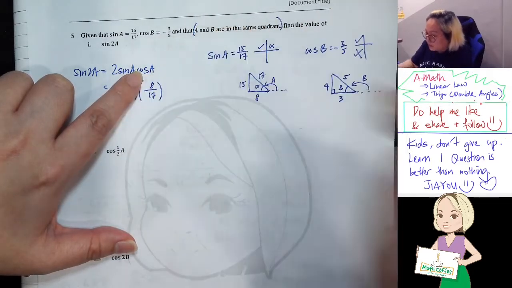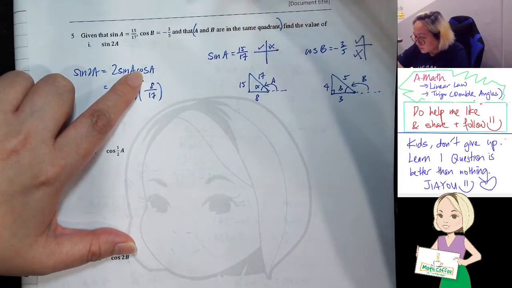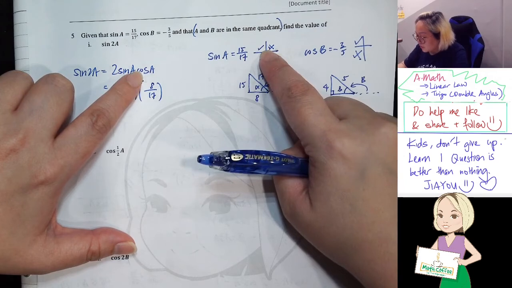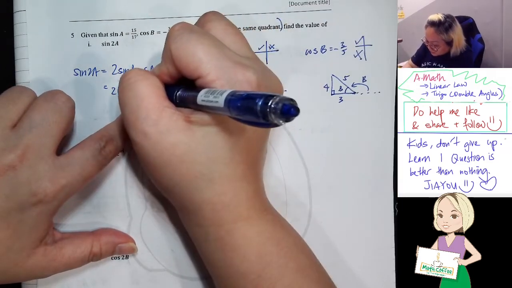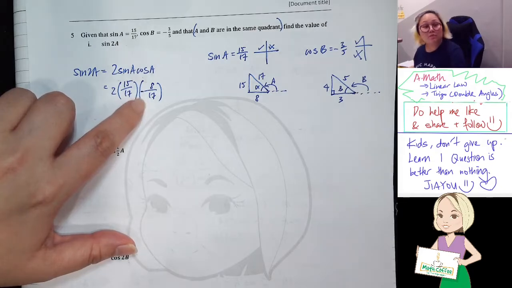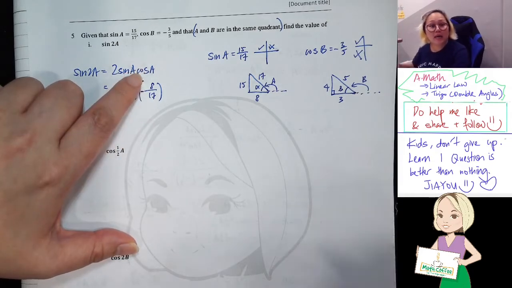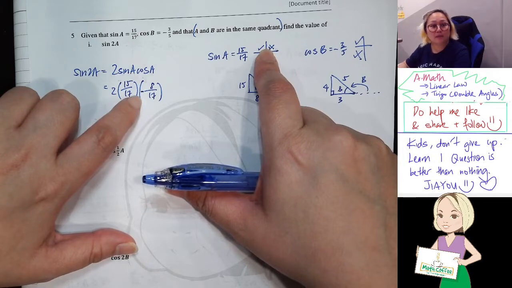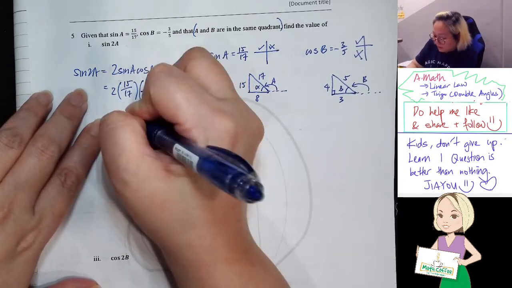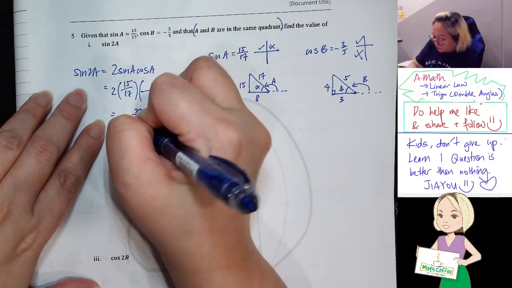But be careful, because it is the second quadrant and my cosine is negative. So this one must put minus, because your cosine A in the second quadrant is negative. Then press the calculator, you will get minus 240 over 289. Done.